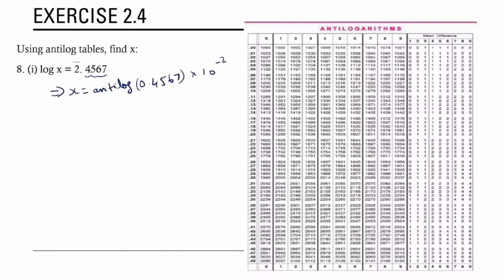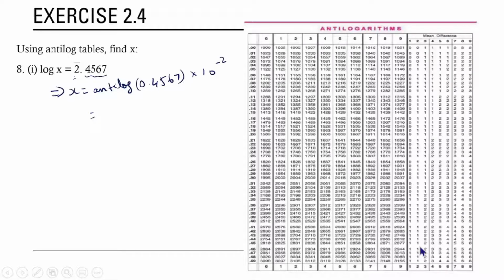Here the characteristic is bar 2, which is nothing but minus 2. Now the antilog of 0.4567: we see row number 0.45 and column number 6, and the corresponding value is 2858.